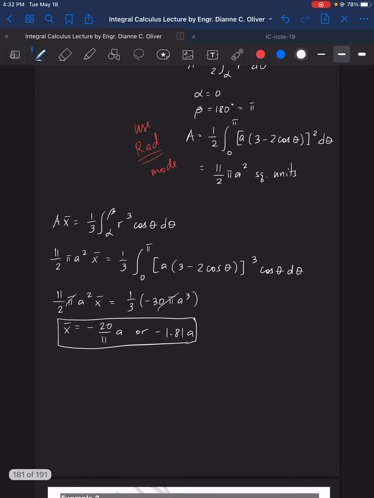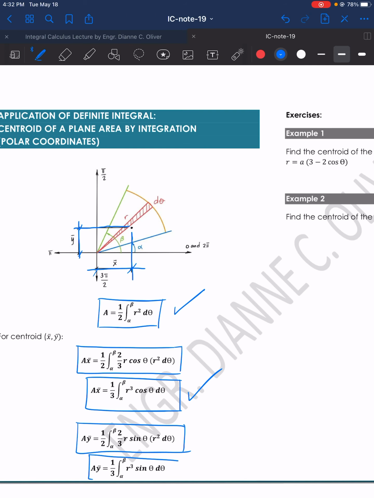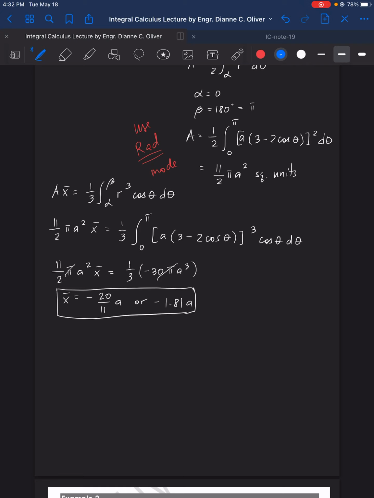Next is for y bar. For y bar, we have the formula, and we will just change it: area times y bar is equal to 1/3 of r raised to 3 sine theta d theta, alpha to beta.